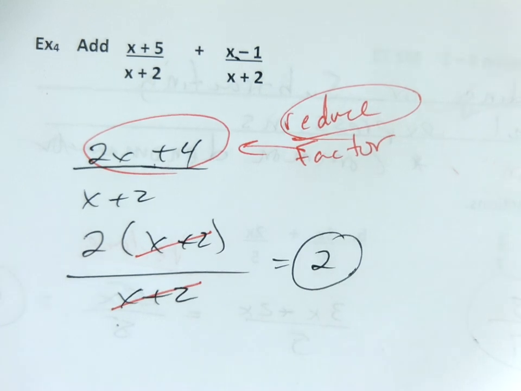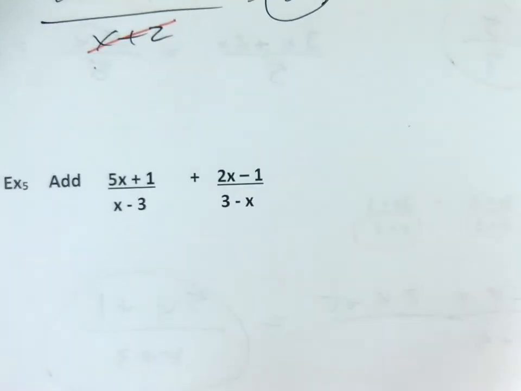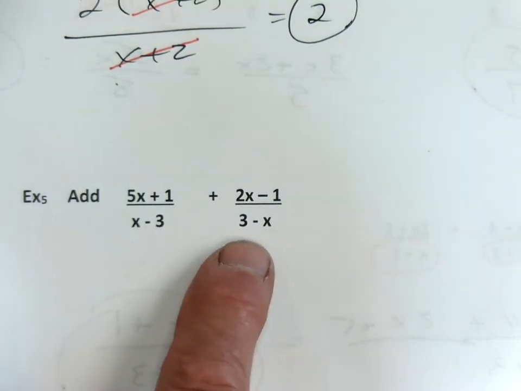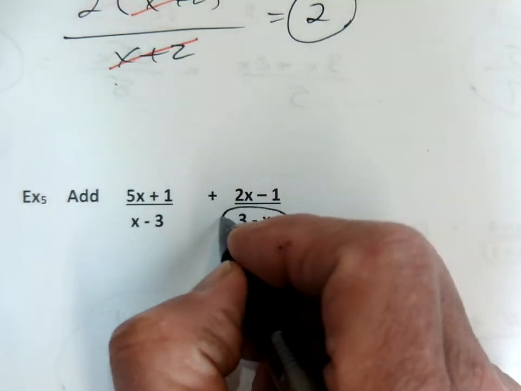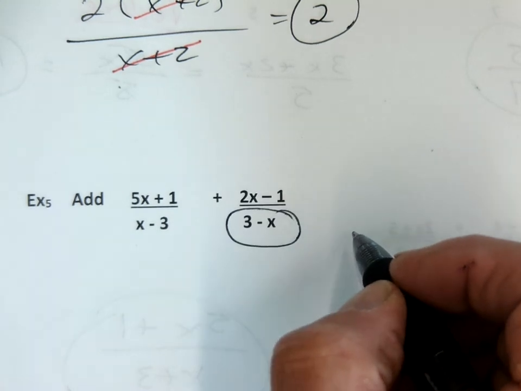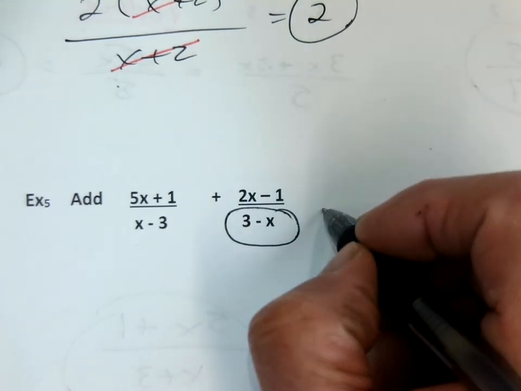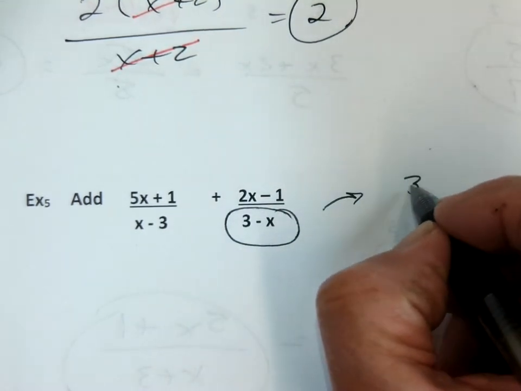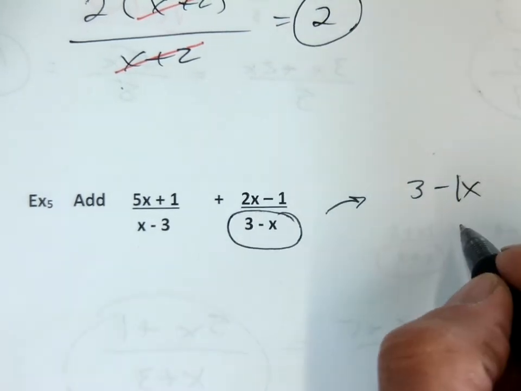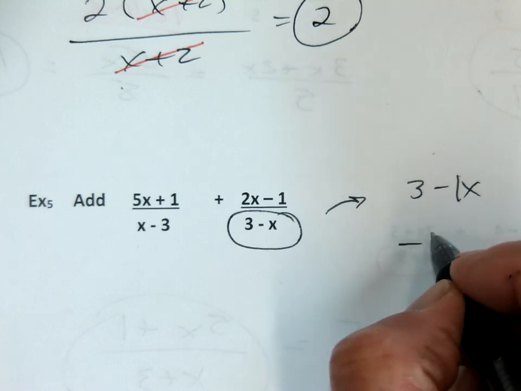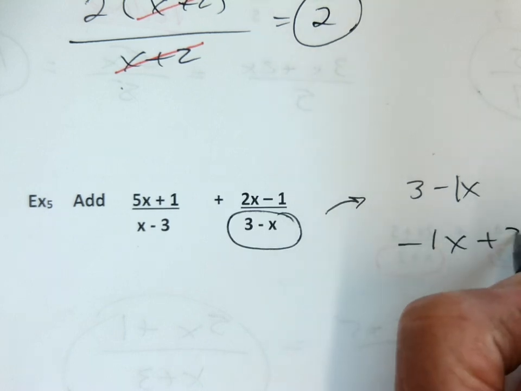Now, lastly, they're not the same, but I really want them to be the same. So I'm going to modify this. Let me show you a little something on the side, okay? 3 minus x could be rewritten, if I switch it around, as negative 1x plus 3.